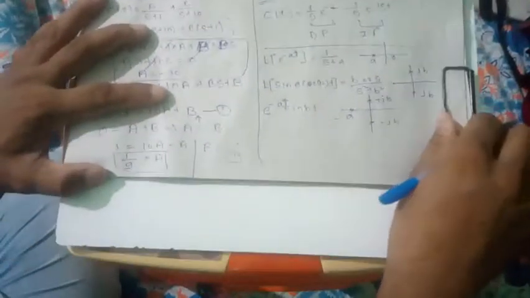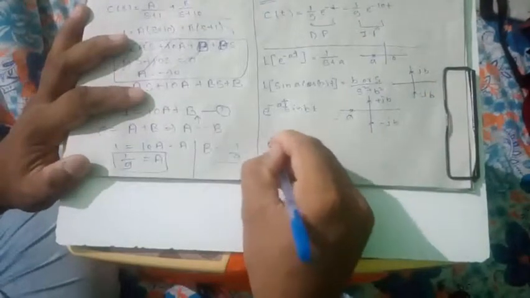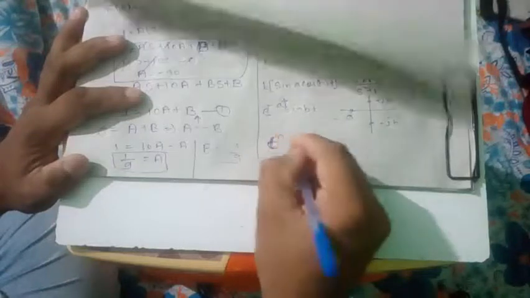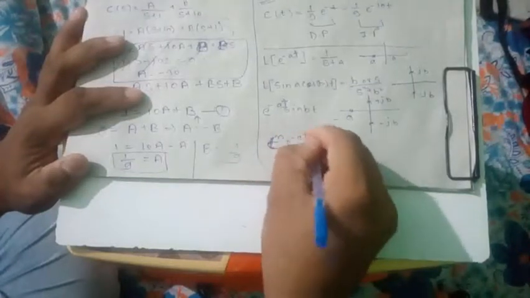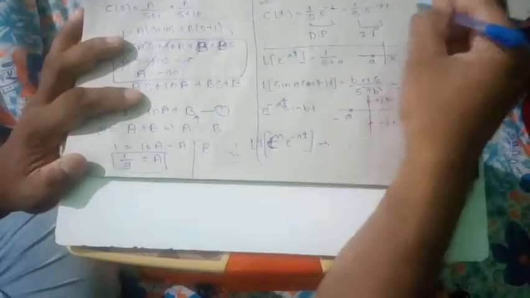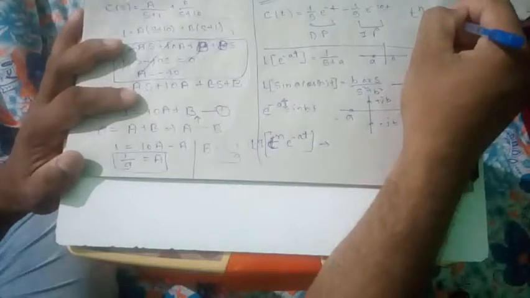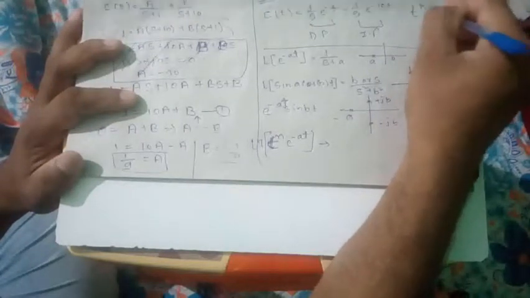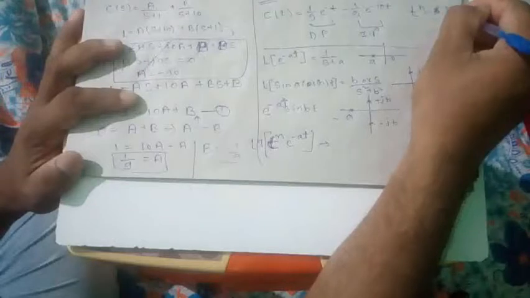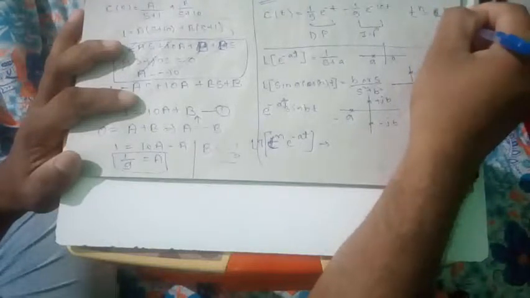If the problem is we are getting t to the power n times exponential minus 3t. Taking the Laplace transform, we know that the Laplace of t to the power n is n factorial upon s to the power n plus 1.